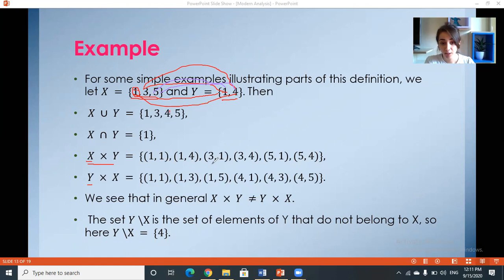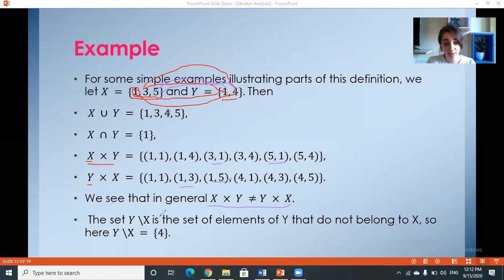You see, here we have 3, 1, but here we have 1, 3. This is different, okay, ordered pairs. Here we have 5, 1, 1, 5. You see, the Cartesian product of x, y is not equal to the Cartesian product of y, x, actually.